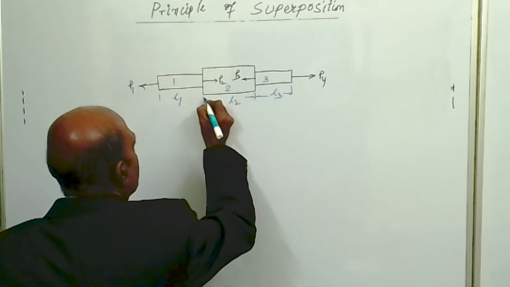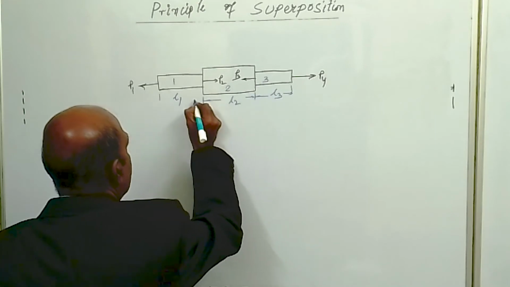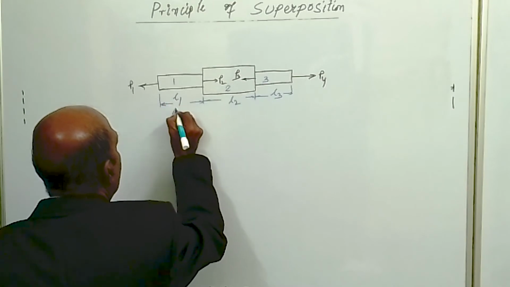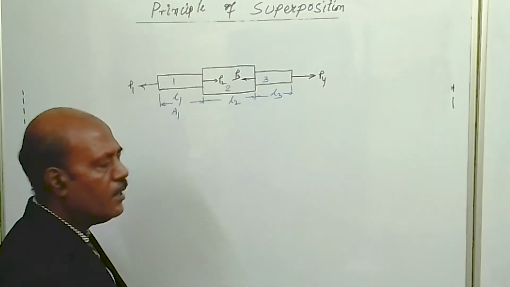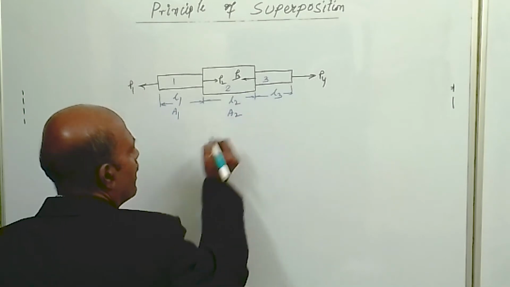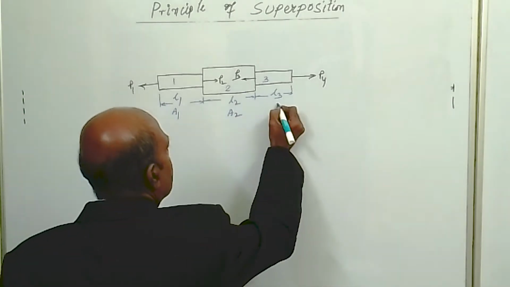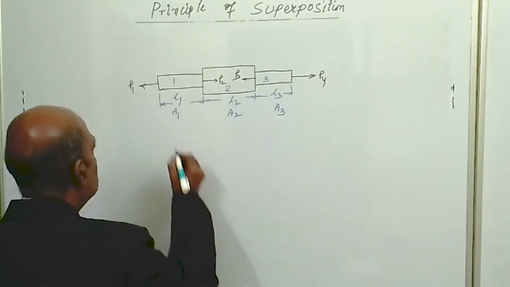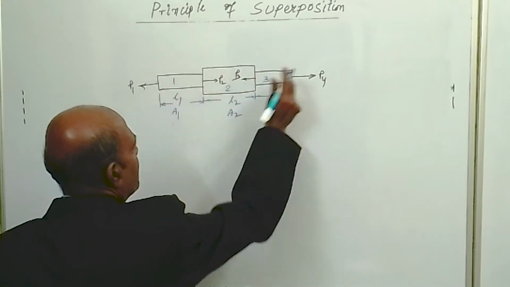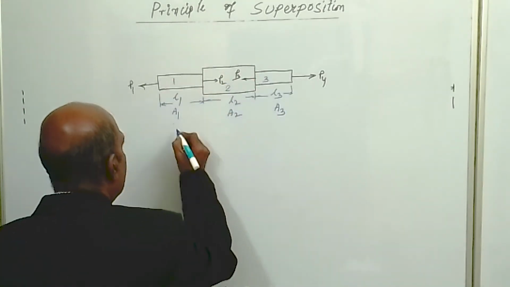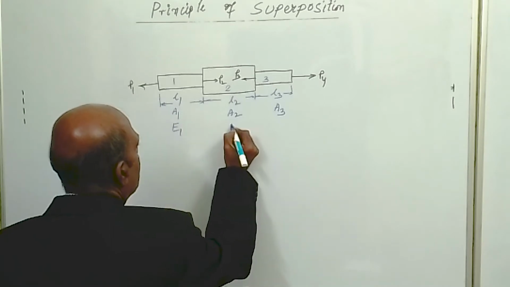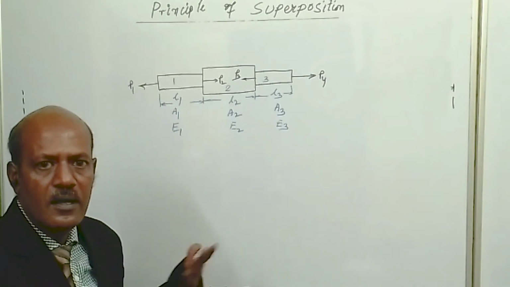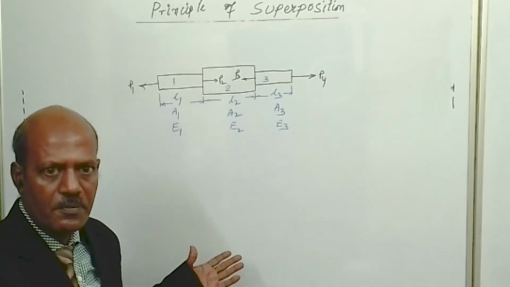And the respective areas are given as, say, A1 is the cross-sectional area of segment 1, A2 is the cross-sectional area of segment 2, and A3 is the cross-sectional area of segment 3. Also, if the segments are made of different materials, then say E1, E2 and E3 are the Young's moduli of the different segments.